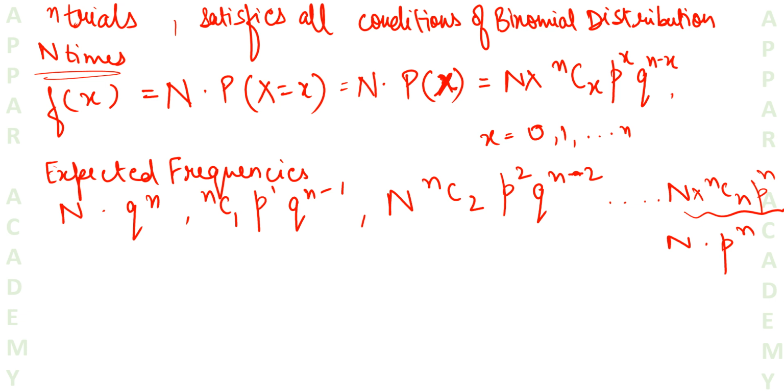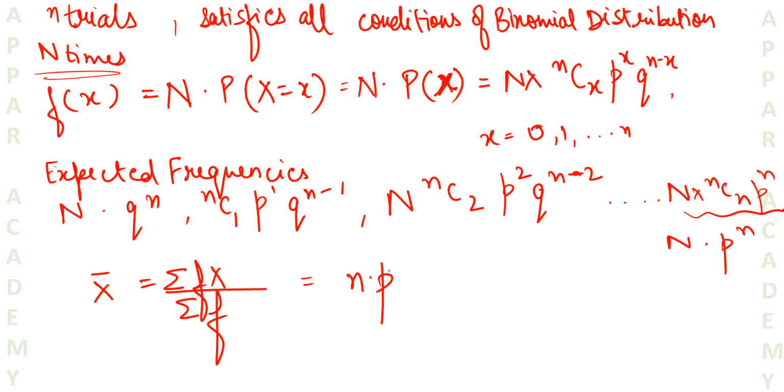But sometimes a situation arises that we are not given the value of n and the value of p, that is, we are not given the values of the parameters of the distribution. Then how can we find them? We know that the mean is summation fx upon summation f, that is total N. Also we know that for a binomial distribution, our mean is np.